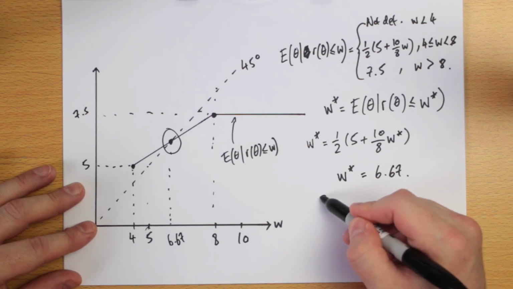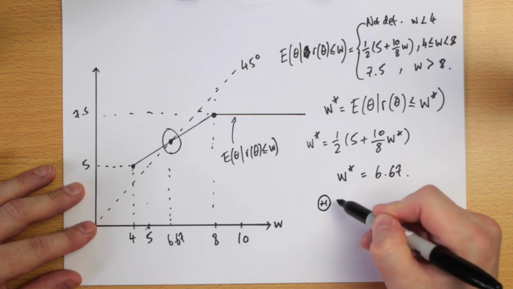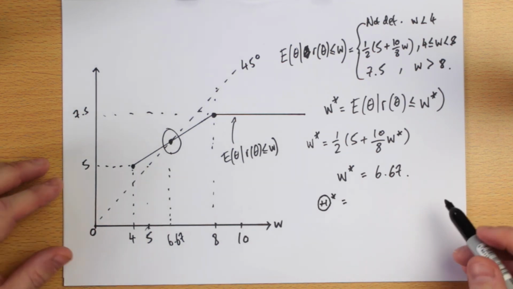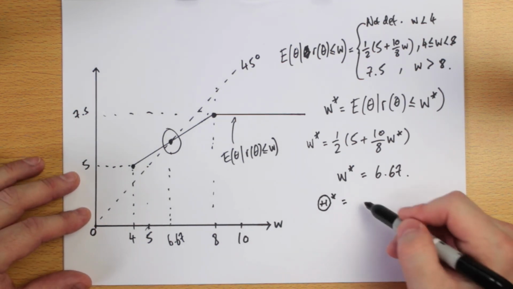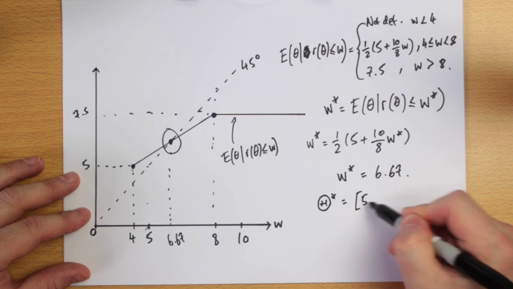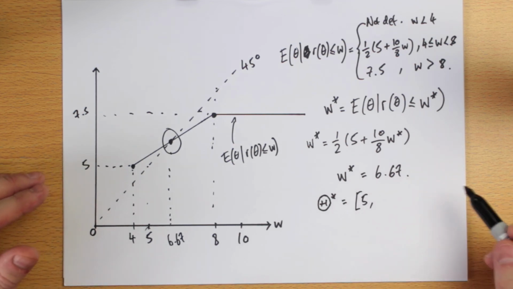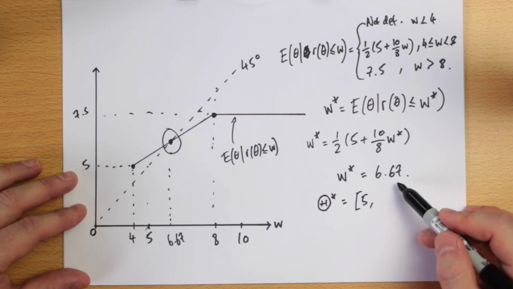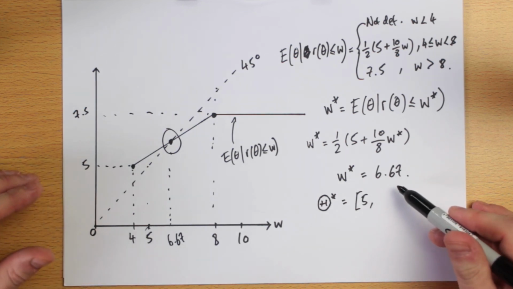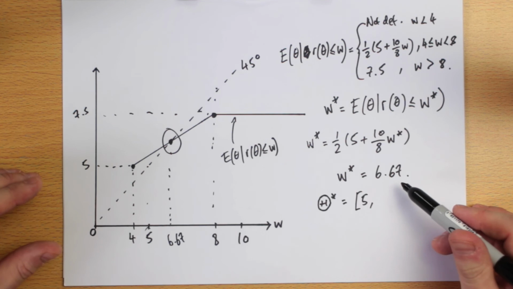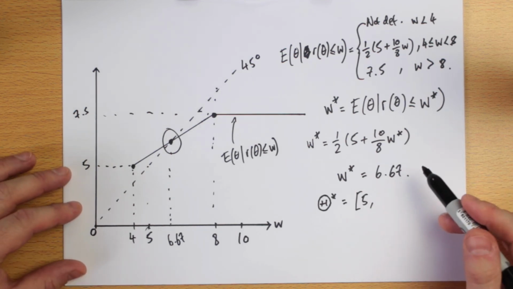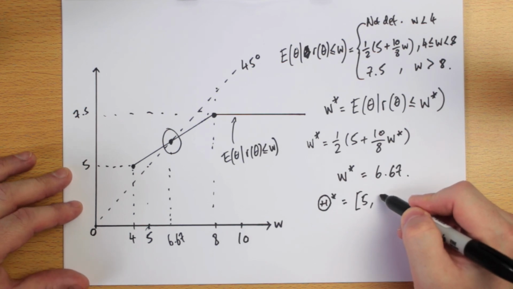So the equilibrium wage is that, and then the equilibrium set of types. Remember, an equilibrium is two things. It's a wage and a set of types who are employed. So it's going to be all of the people of type 5 up to where? Well, not up to 6.67, because people of type, for instance, 7, this is probably enough for them.